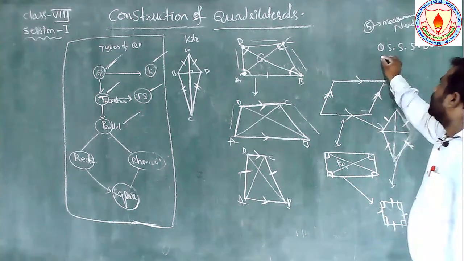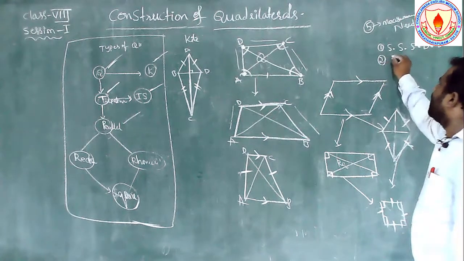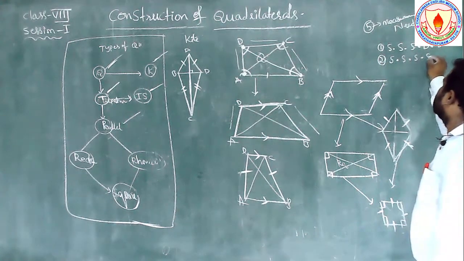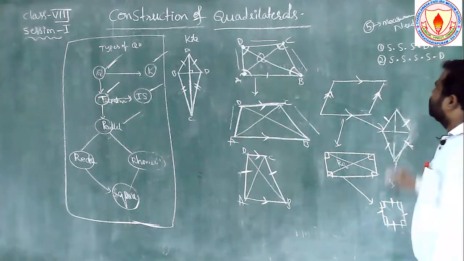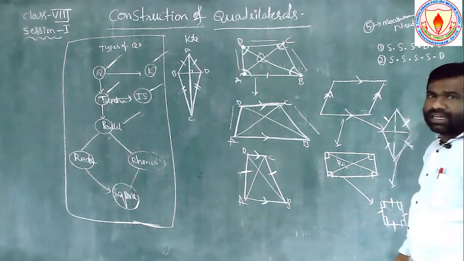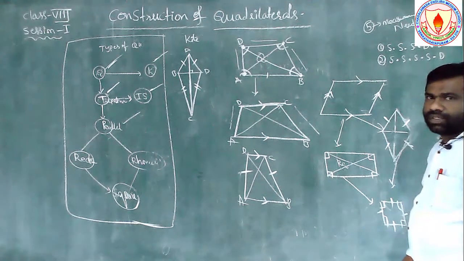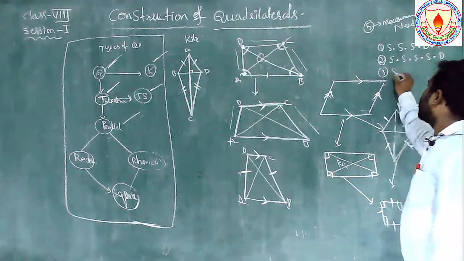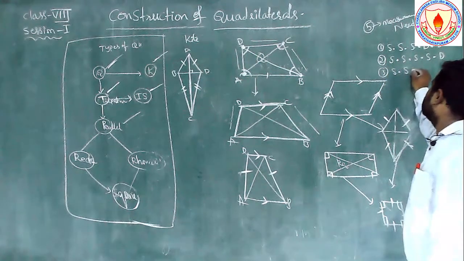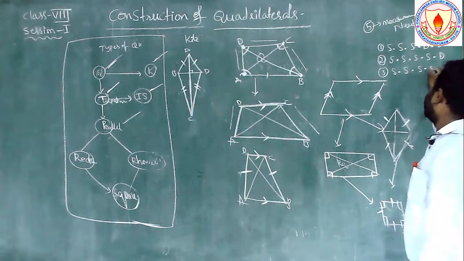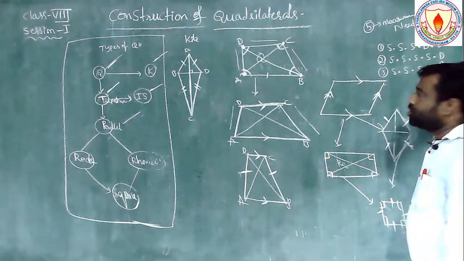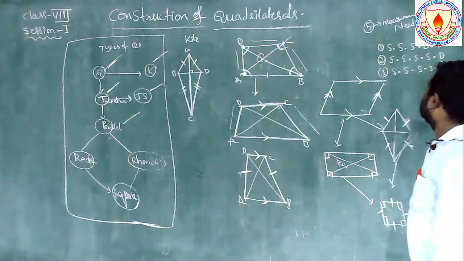Next, second condition: maybe 4 sides and 1 diagonal are given. This time also we can construct the quadrilateral. Okay? Next, third one: 4 sides and 1 angle.